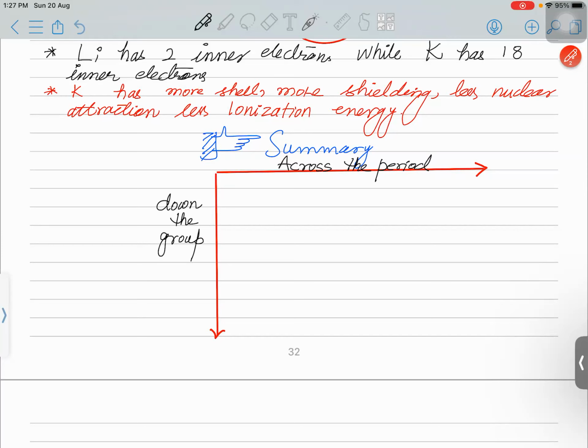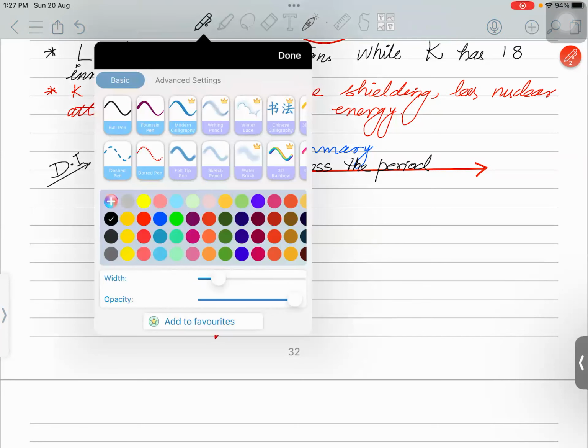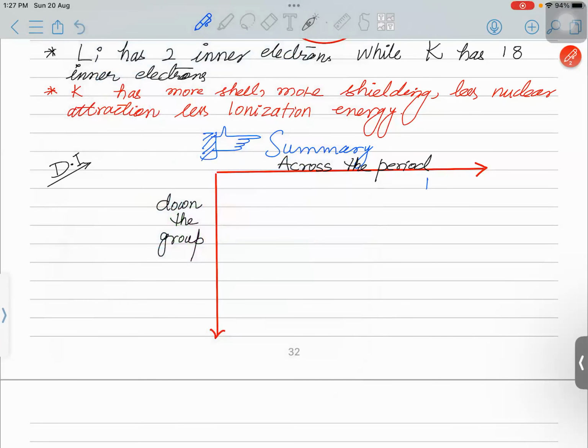As I told you, I have some magical trick. I name this magical trick DI. DI means doctor instruction. Memorize this DI. So across the period, can you tell me, does proton number increase or decrease? It increases.